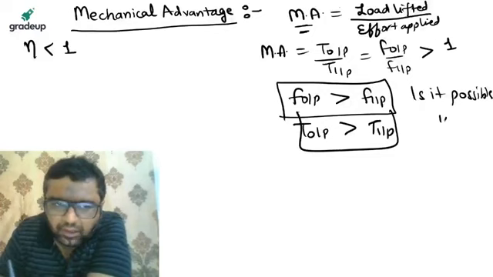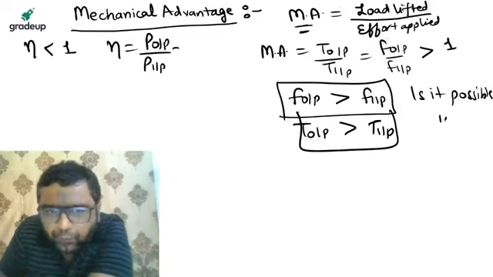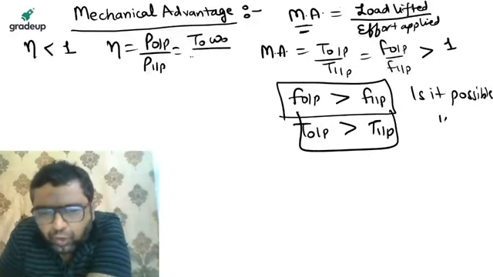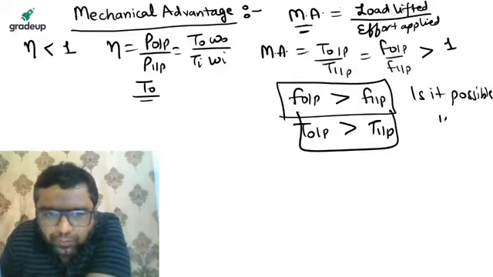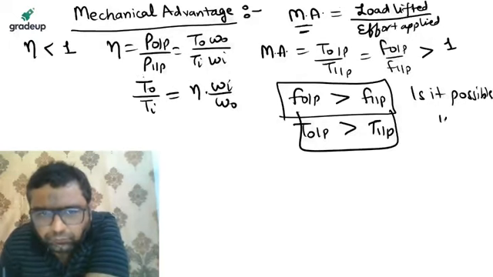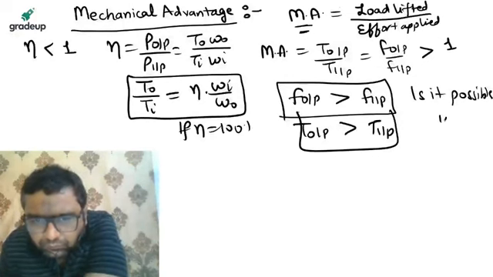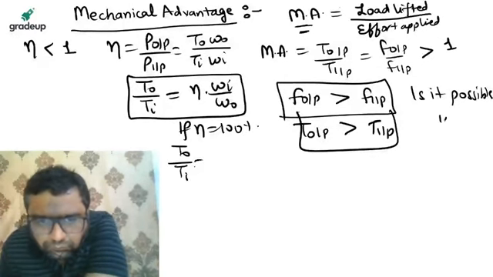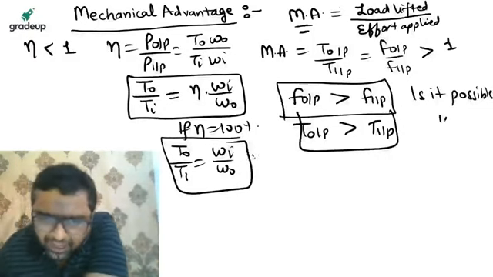Yes, it is possible. Because efficiency is defined as output power to input power, output torque times output omega to input torque times input omega. So you can write T naught by Ti is equal to efficiency times omega input by omega output. If efficiency is 100%, T naught by Ti is omega I by omega naught.